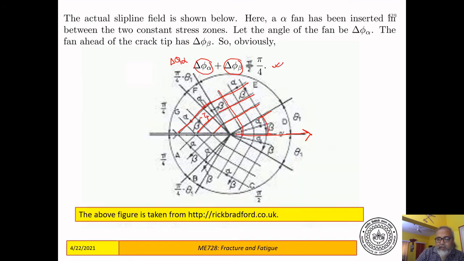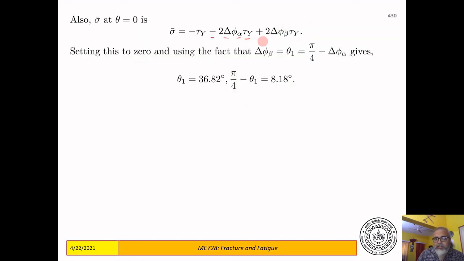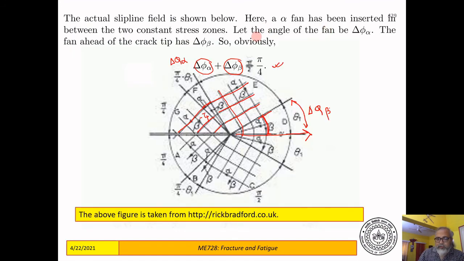And then again here it will change by an angle delta phi beta, but this change is along a beta line, so it comes with a plus. This whole thing has to be equal to 0, and you can solve these two equations.